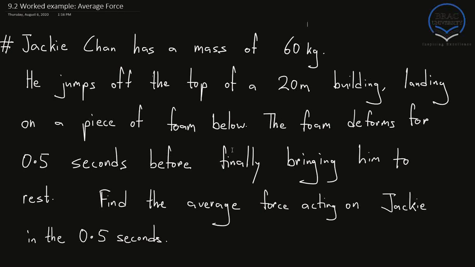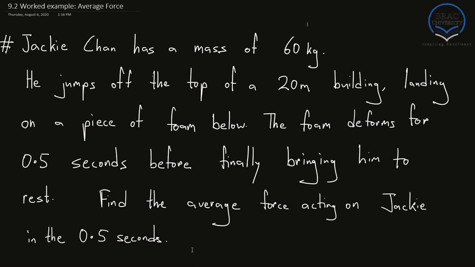And when he lands on the foam, obviously he's got some velocity with which he hits the foam, right? But then the foam deforms, and let's say it takes 0.5 seconds to deform before finally bringing Jackie Chan to rest. So we want to find the average force acting on Jackie in the 0.5 seconds.